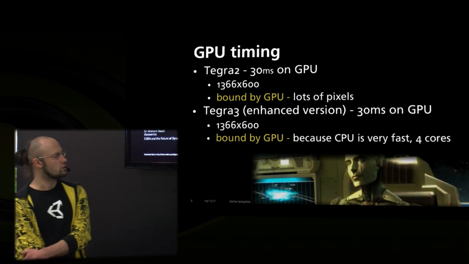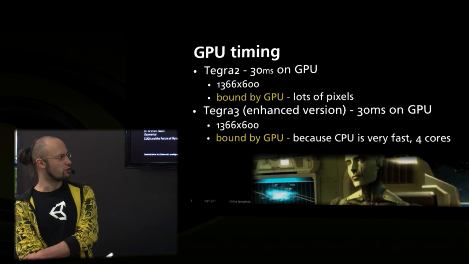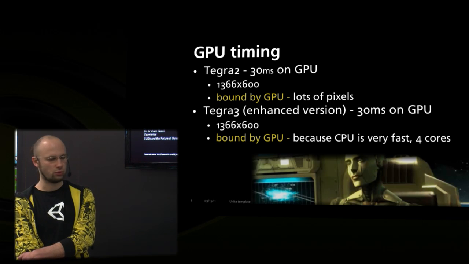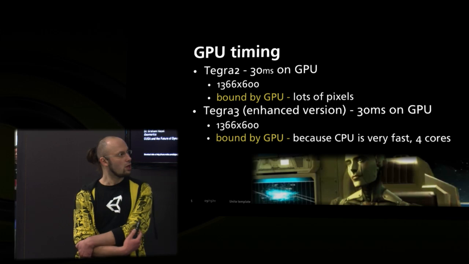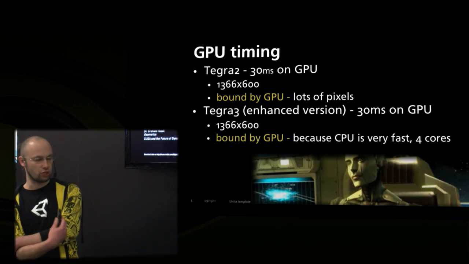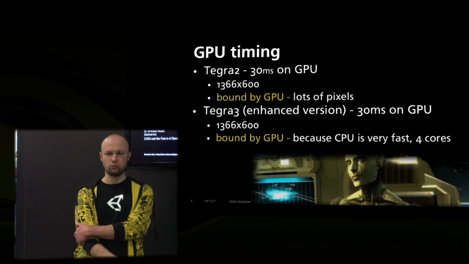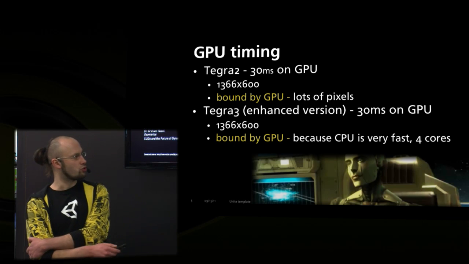It runs at 30 frames per second on both Tegra 2 and Tegra 3. The Tegra 3 version is a more enhanced version, with much more going on. Both run at 30 frames per second, but there is much more stuff in the Tegra 3 version. On both, Shadowgun is GPU bound.